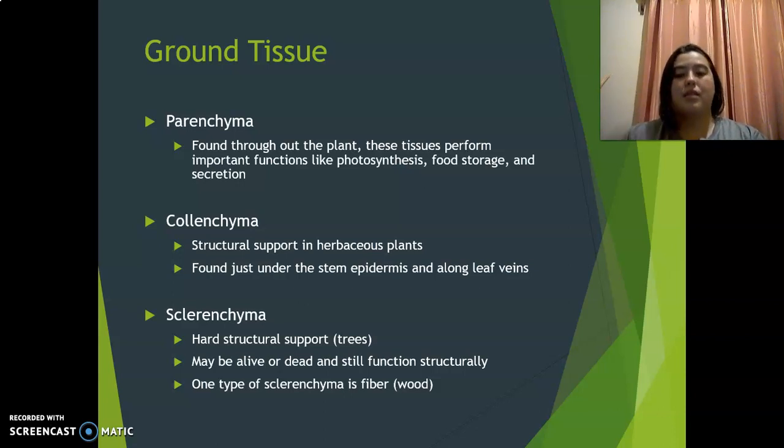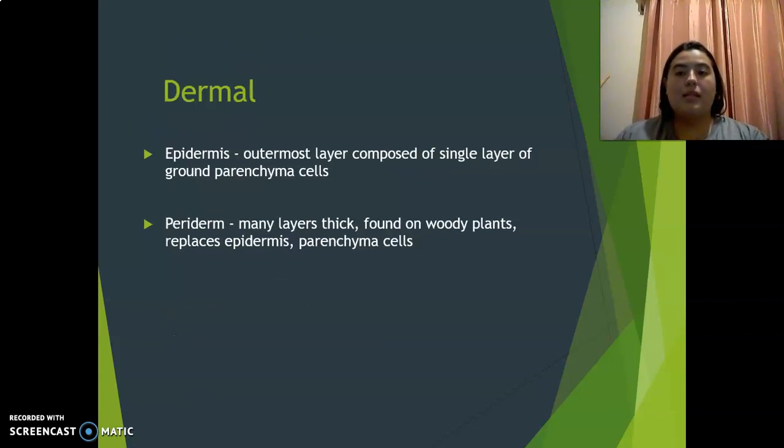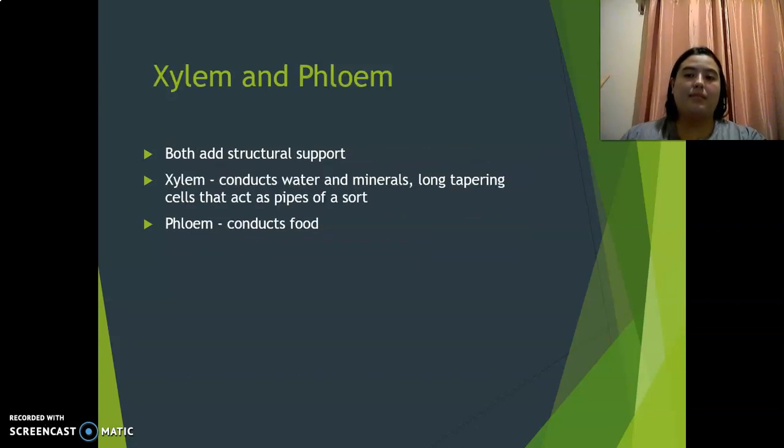One type of sclerenchyma is fiber like wood, okay? And dermal tissue is classified by epidermis and periderm. Epidermis is the outermost layer composed of a single layer of parenchyma cells, and periderm, many layers thick, found on woody plants, replaces epidermis and parenchyma cells.